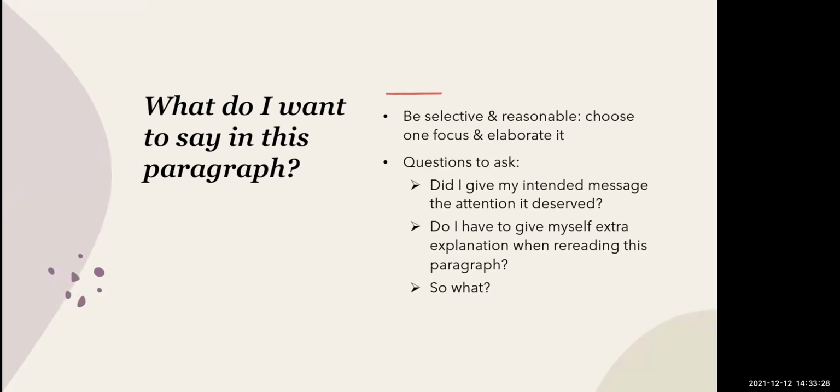So in order to improve this, we need to be selective and reasonable with ourselves. Just choose one focus and try to elaborate it. You can always write another point. You can always write all the information that you want to write, but try to arrange it in a suitable way so that each point can shine.